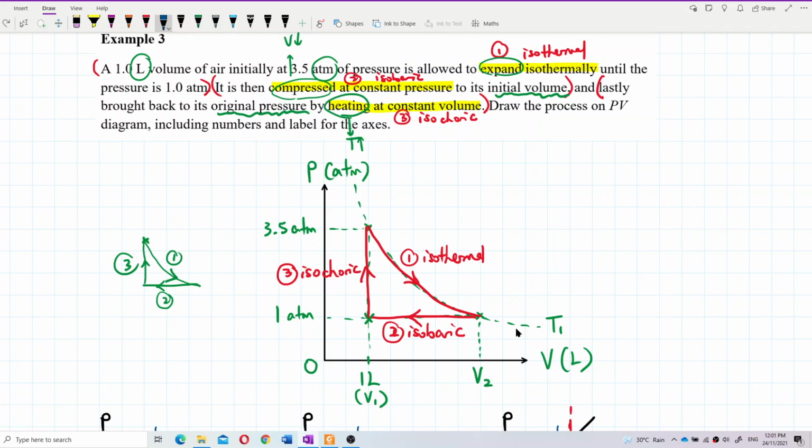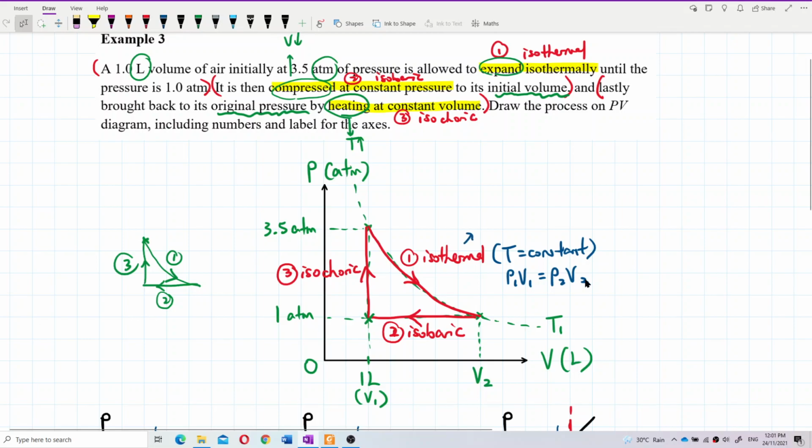It's actually Boyle's law, constant temperature. Isothermal is constant temperature. When the process is isothermal, temperature is constant, that means only the pressure and volume change, which is P1 V1 equal to P2 V2. So the isothermal process is actually Boyle's law.